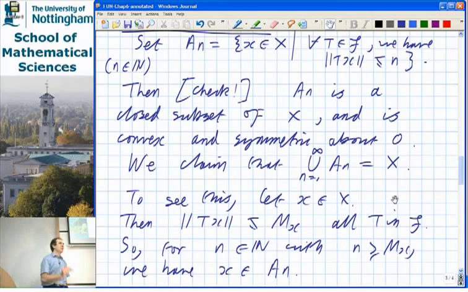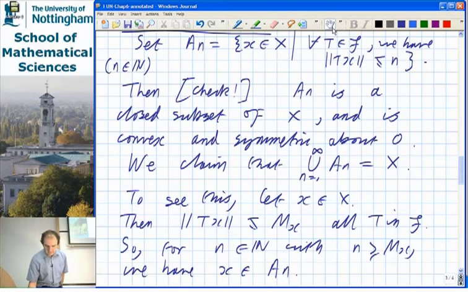So we've got symmetric about the origin, convex, closed, and the union of a sequence of them being the whole of X. So what do we quote now? We will get that 0 is in the interior of some A_n in a minute. But first we need to quote a theorem. Baire category theorem.